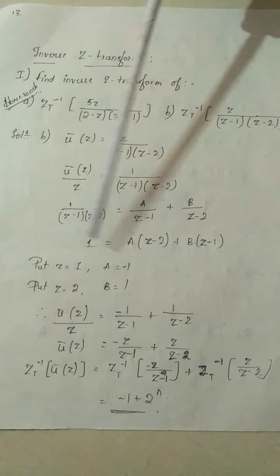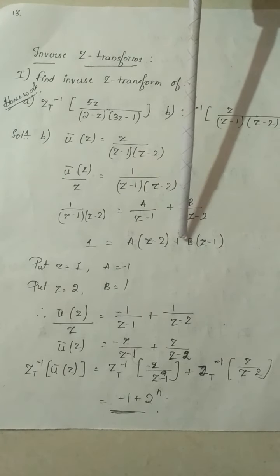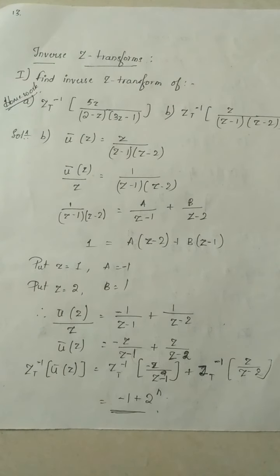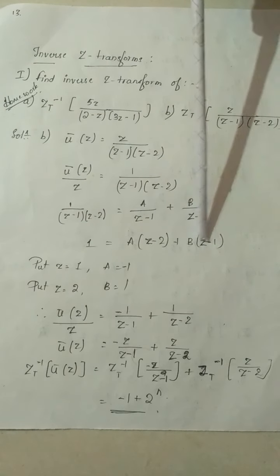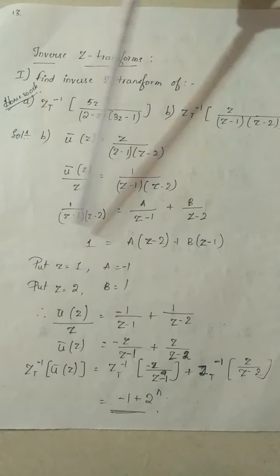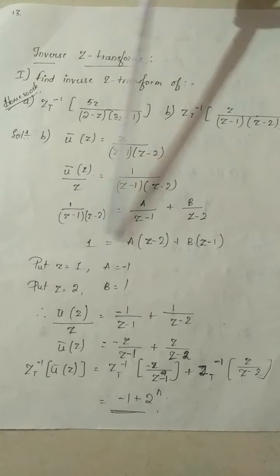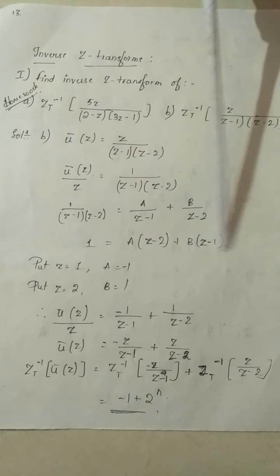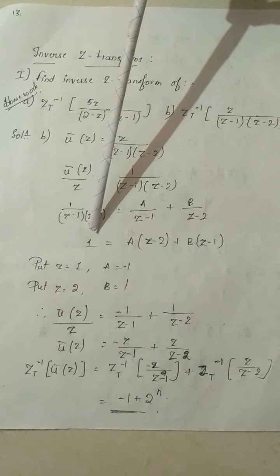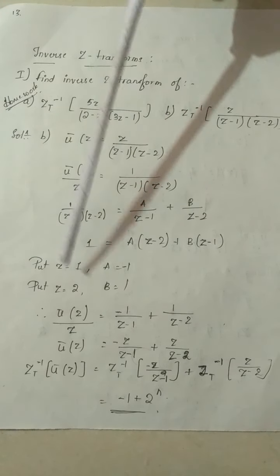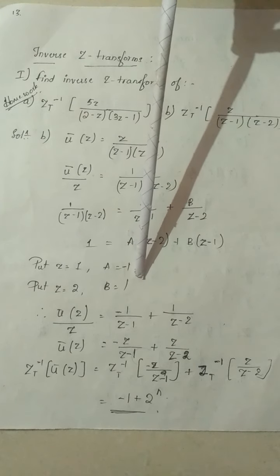So we are left with 1 is equal to a into z minus 2 plus b into z minus 1. Now let us find the values of a and b. For that, substitute z is equal to 1 first. If you put z is equal to 1, then this part becomes 0. A into minus 1 is equal to 1, so a is equal to minus 1. Put z is equal to 2, you get the value of b.